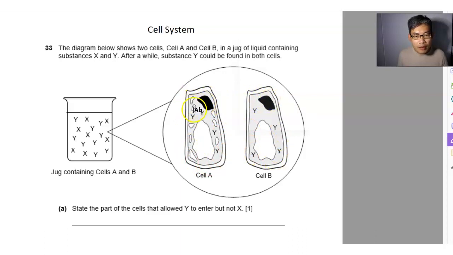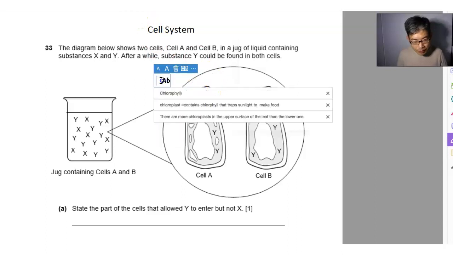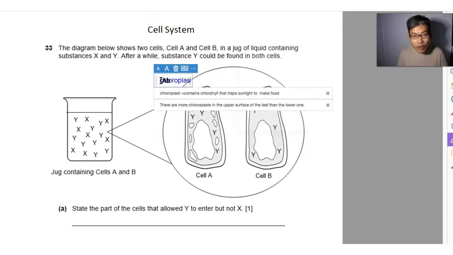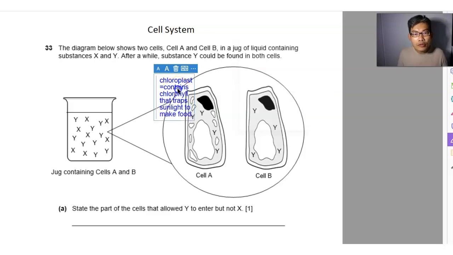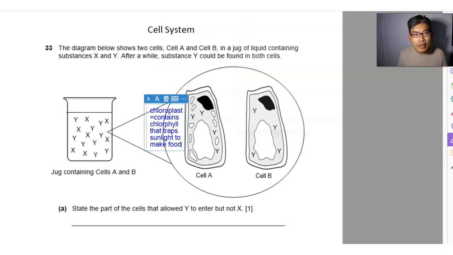However, cell A has these extra white oval patches. These would likely be the chloroplast. As you know, the chloroplast contains chlorophyll that traps light to make food, and that will be present inside cell A. Cell B has no chloroplast.